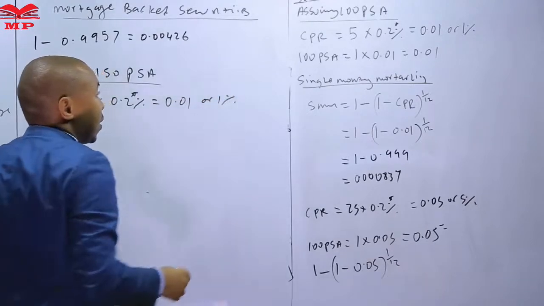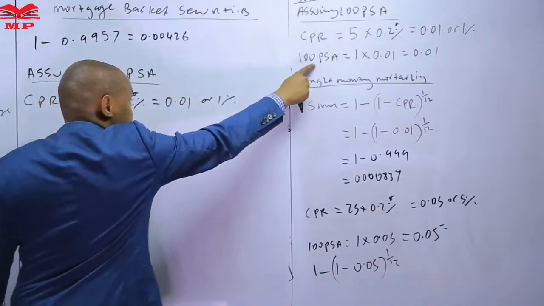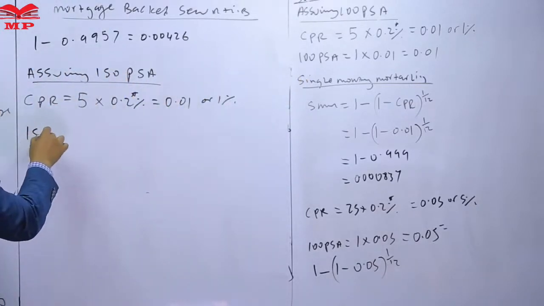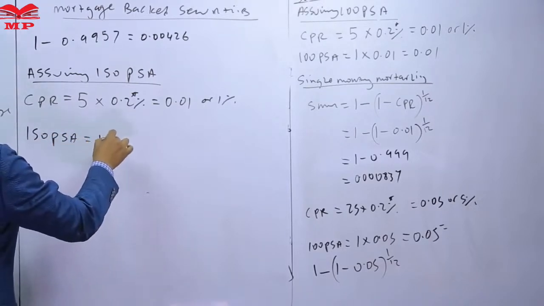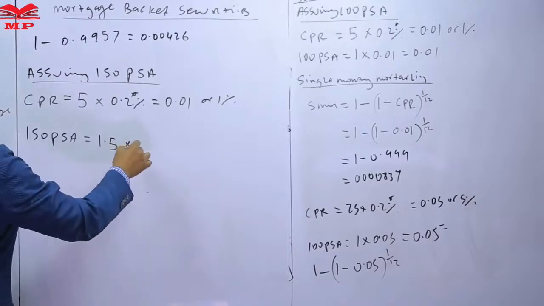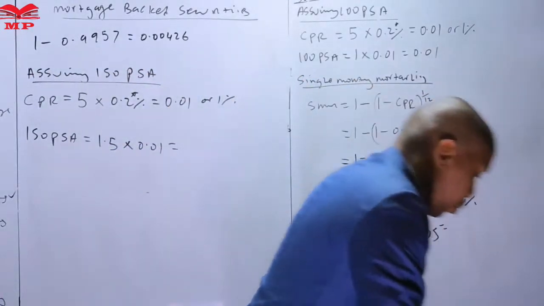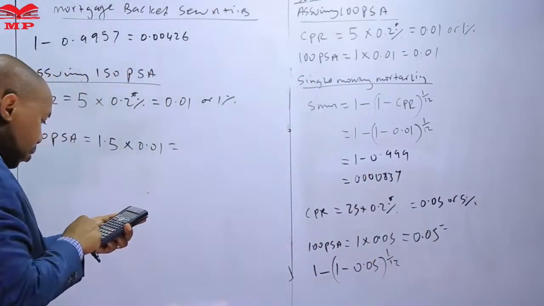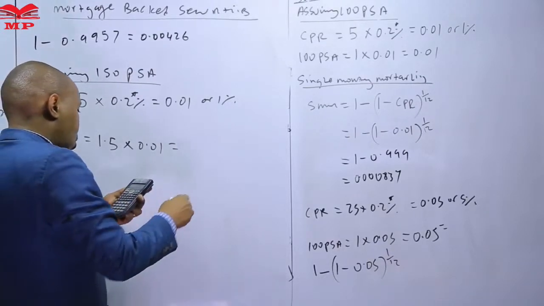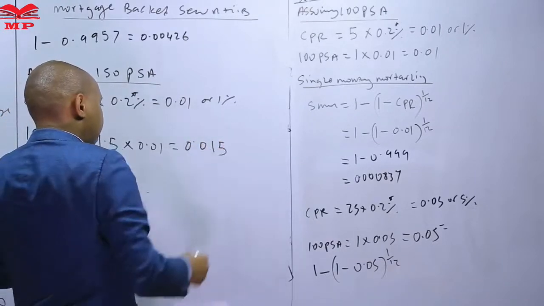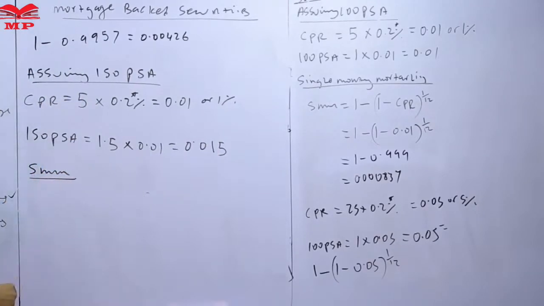Then for 150 PSA, where we used 100 PSA over here, now we are using 150 PSA, which is 1.5 times 0.01. How much do we get? We get 0.015.